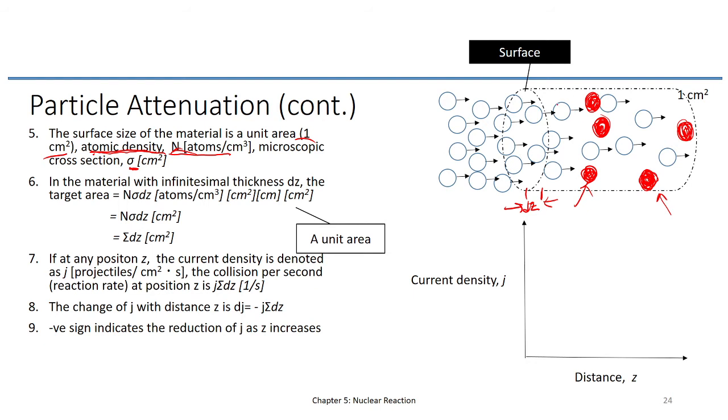If you consider all the area of the target nuclei within the infinitesimal dz, then the sum of the target area is equal to the atomic density, the cross section, and the thickness. Why would that be possible?